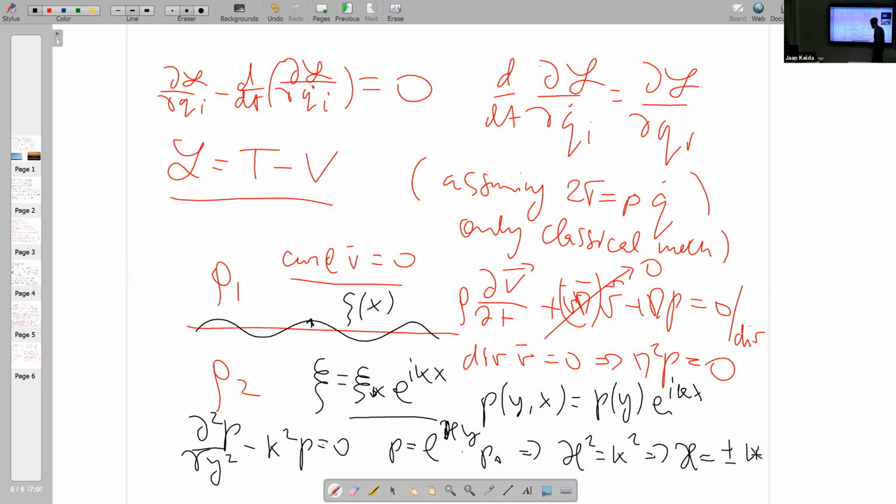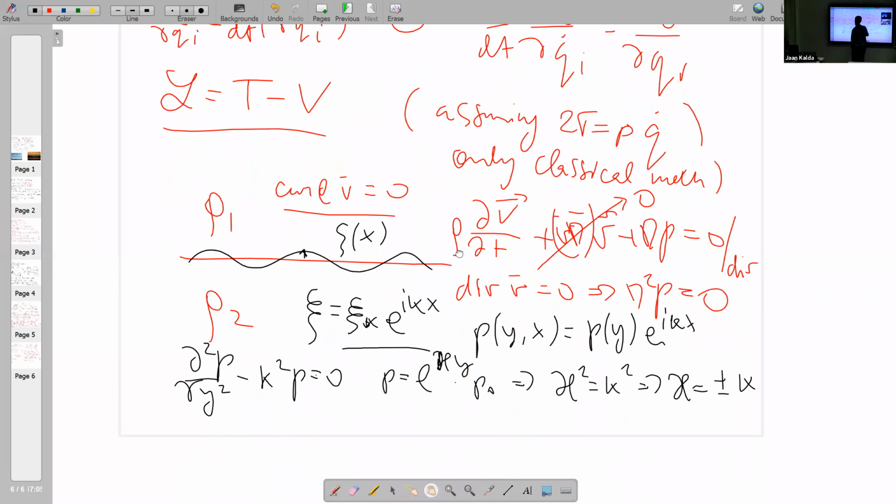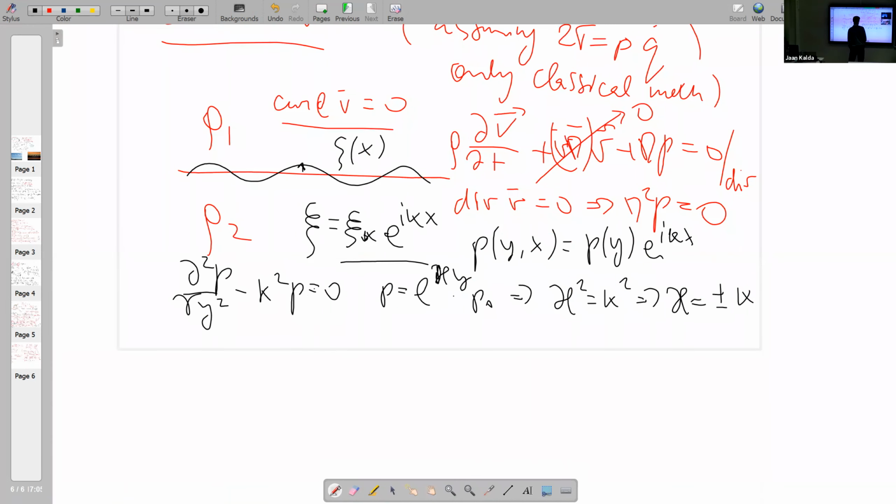So the solution will be P equals P naught e to the power of plus or minus k y.